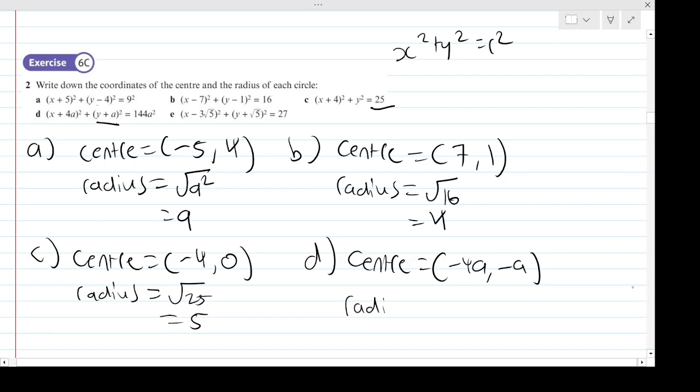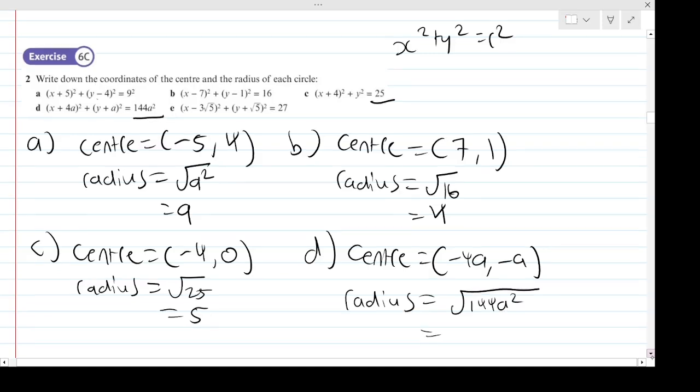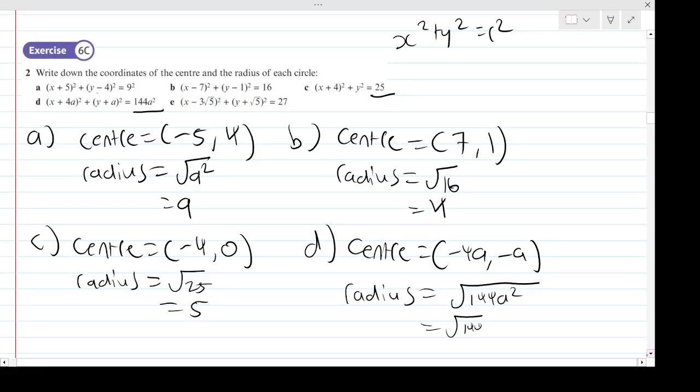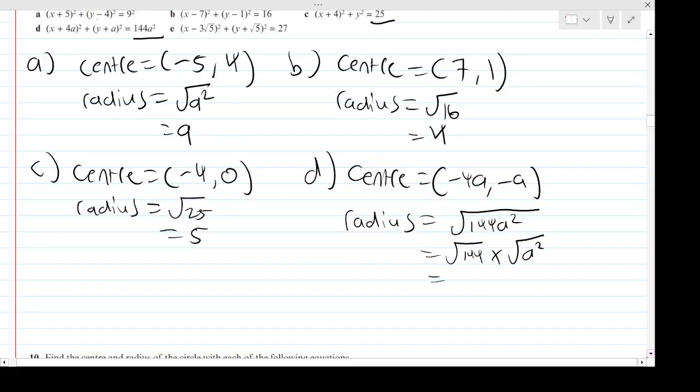And the radius would be, well, radius squared would be 144a squared, so we need to square root that to get root 144a squared. Okay, well this requires a little bit of surd laws, so remember we can split this up into root 144 times root a squared. So then root 144 is 12 times root a squared is just a, because the a squared cancels the root, to get 12a, and there we are.